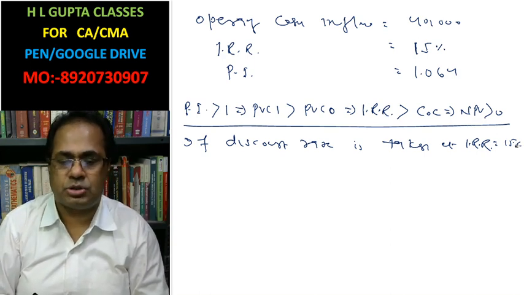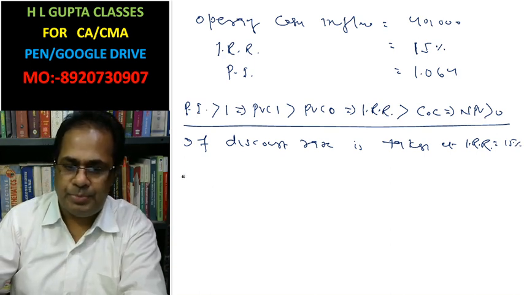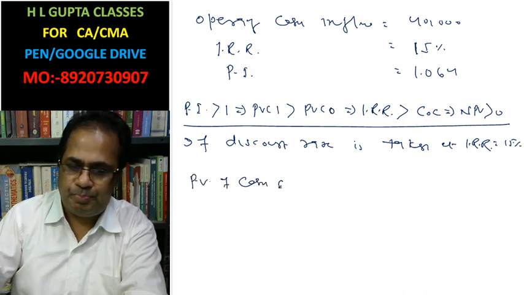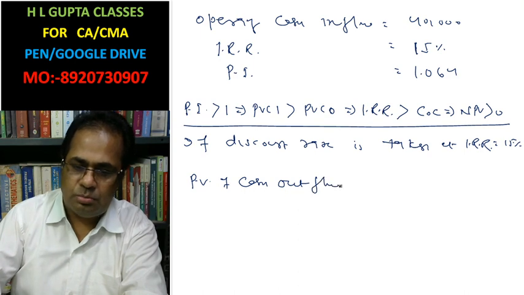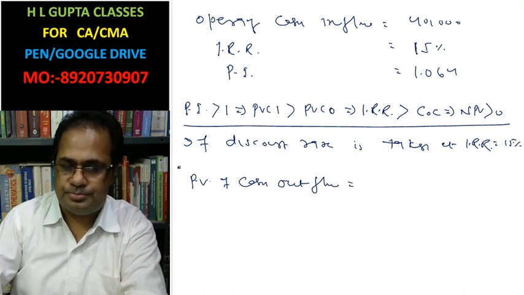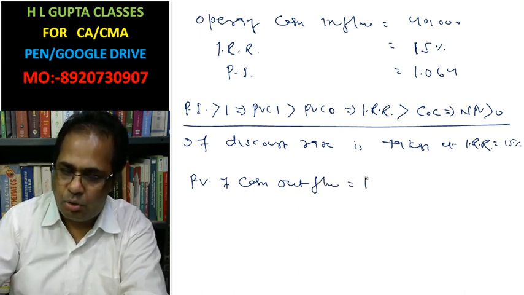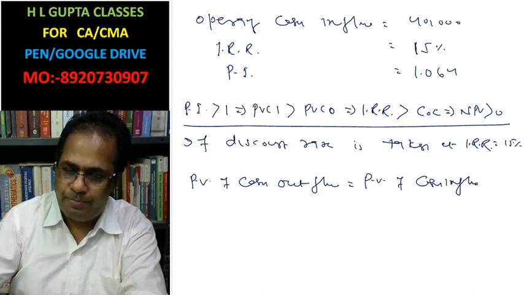Cash outflow is the cost of project. Now present value of cash outflow is equal to present value of cash inflow at IRR.